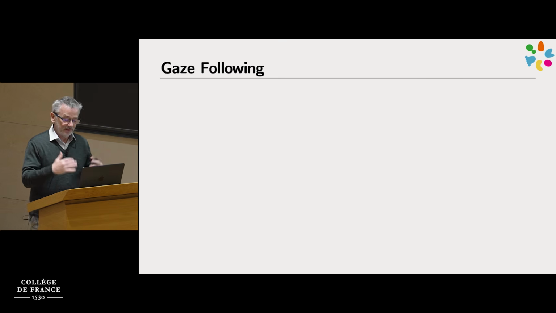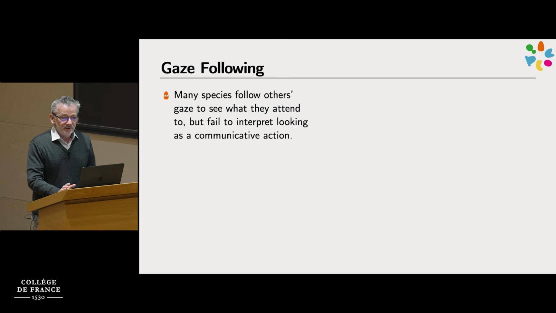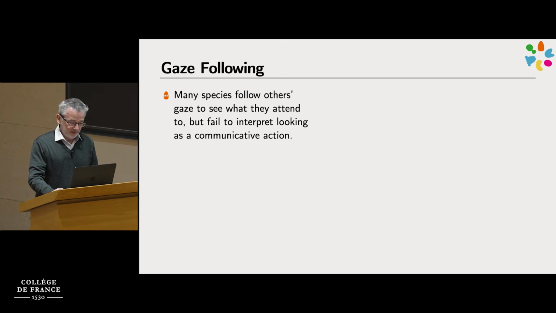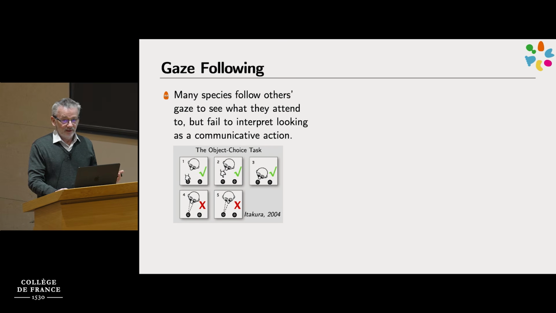There are earlier effects that suggest that they are sensitive to gaze directions as well, but not in explicit behavior. Now, it's not just humans again that follow others' gaze.